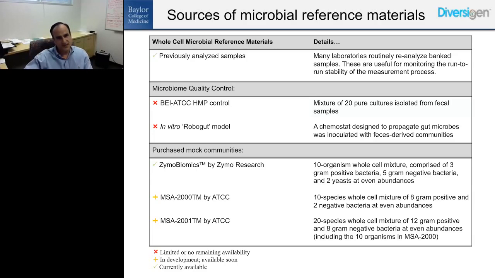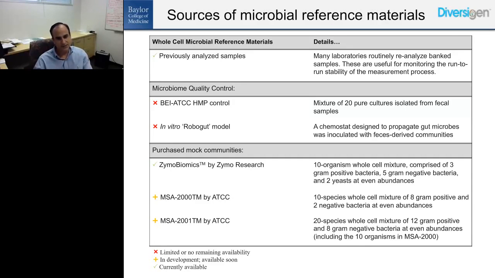Moving down the slide would be those references that were used in the Human Microbiome Project. We had EBI and ATCC strains, and then a reference material produced by Dr. Defoe and the RoboVet. Unfortunately, those reference materials are no longer available. There are a few commercial sources coming up.